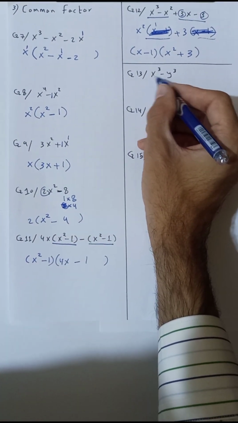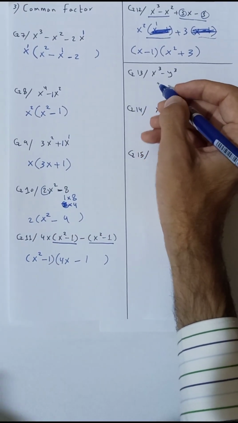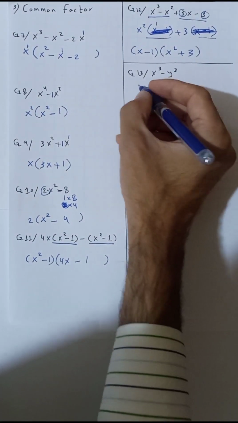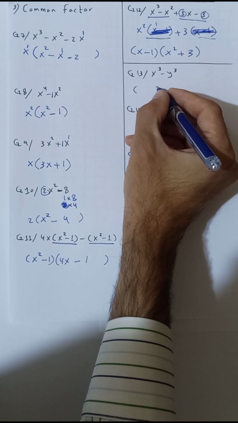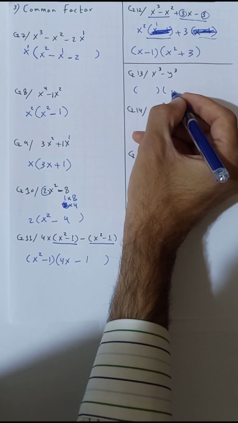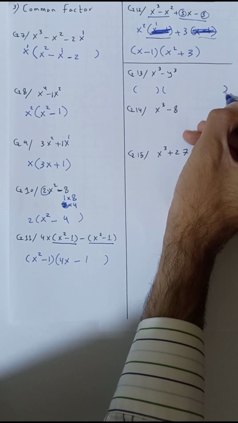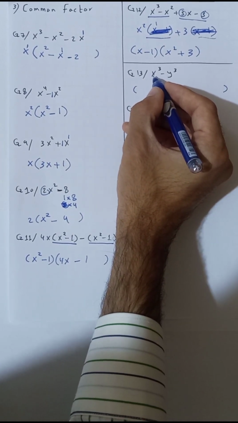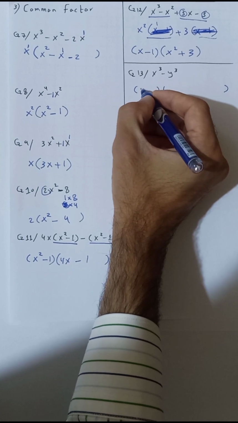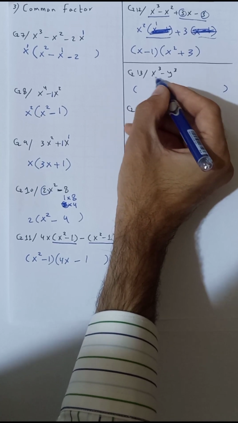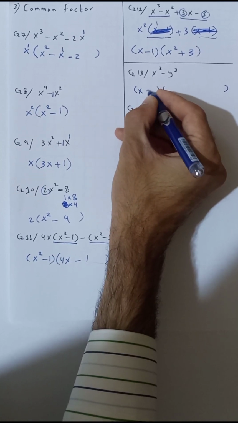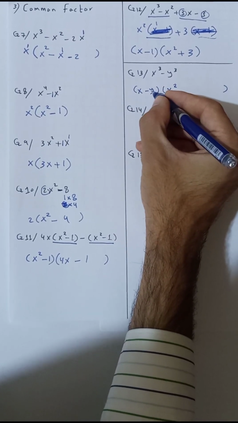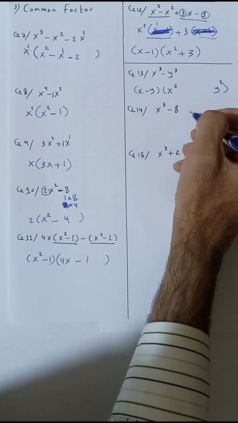If we have 2 cube terms, we're gonna use this formula. We're gonna open up 2 parentheses. One of them is small, one of them is big. Cube root for the both of them: x minus y. Now x will be square here, y will be square here.